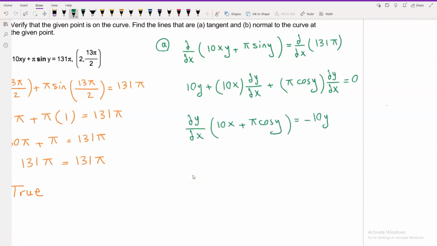Now solving for dy over dx. So dy over dx times 10x plus pi cosine y is equal to negative 10y, and dy over dx is equal to negative 10y divided by 10x plus pi cosine y.